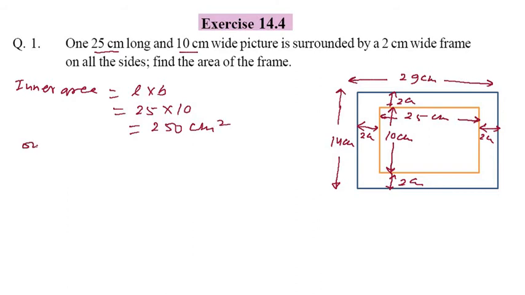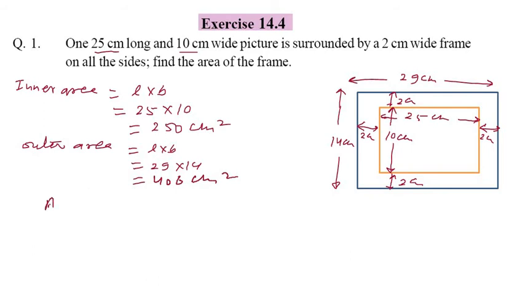Now outer area, it is also length into breadth, but length is now 29 and breadth is 14. So you can multiply this one. It is 406 centimeter square.